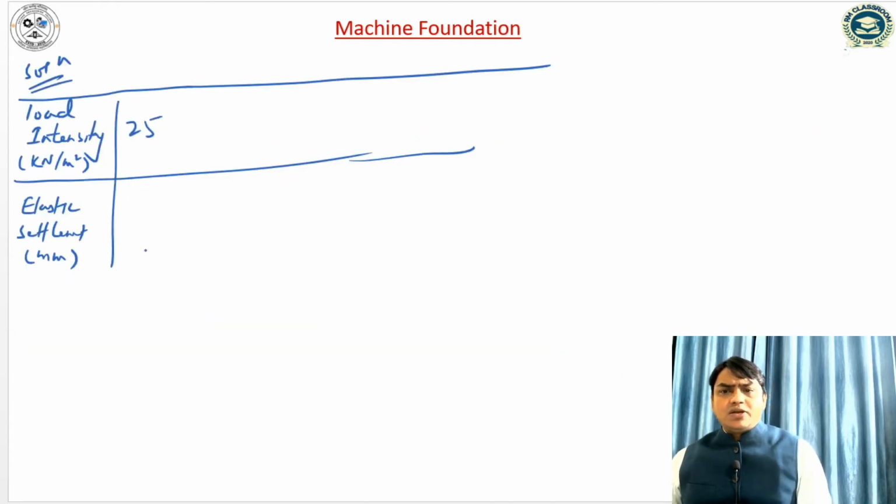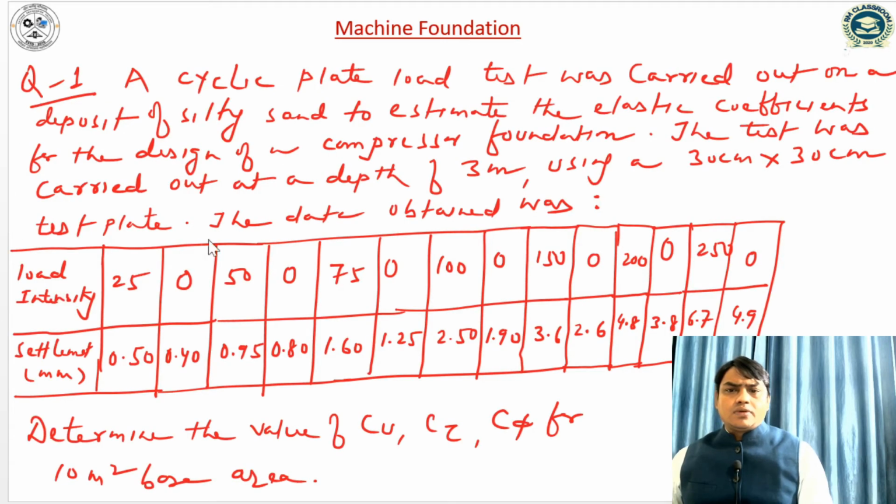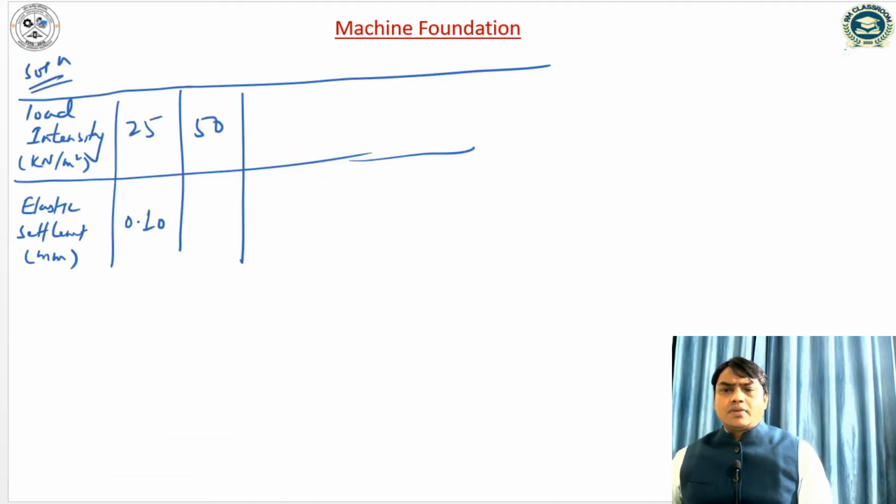For 50, it is 0.95 minus 0.8, so it is 0.15.